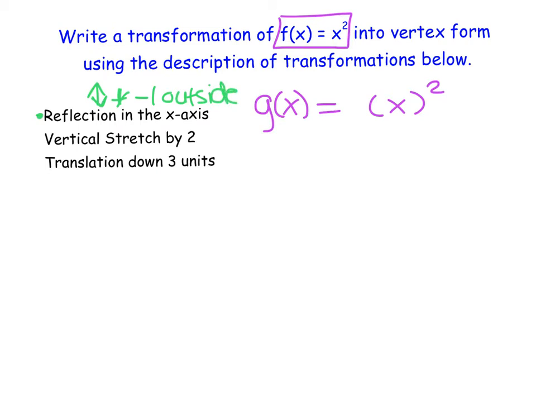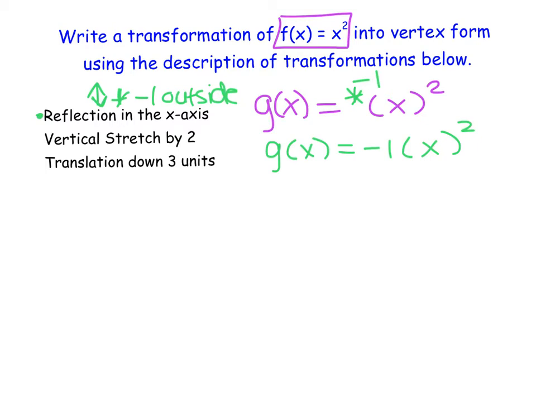So what I'm going to do here is multiply the outside of this entire function by -1. So after my first transformation here, I end up with g of x is equal to -1, and then in parentheses x squared. And you can just write a negative on the outside if you'd like as well. You don't actually have to have the 1 there.